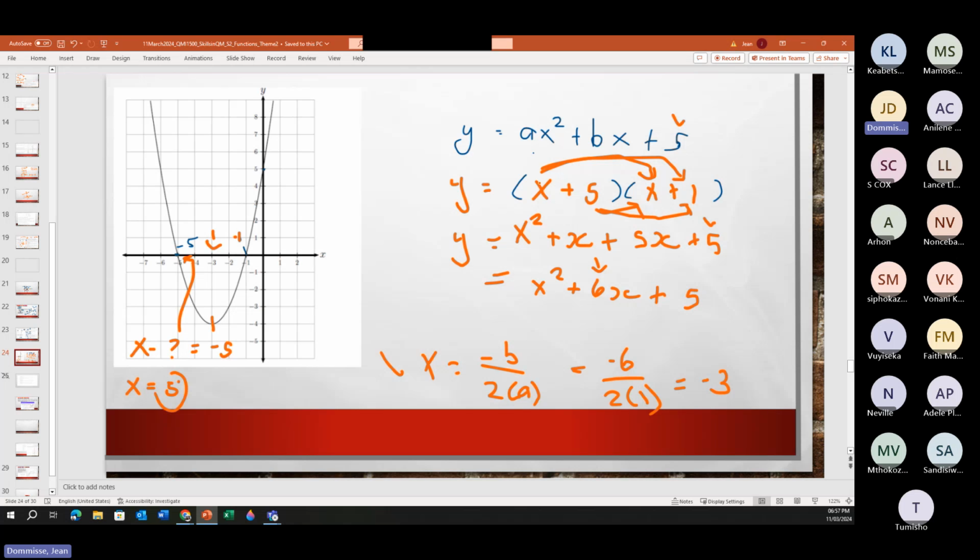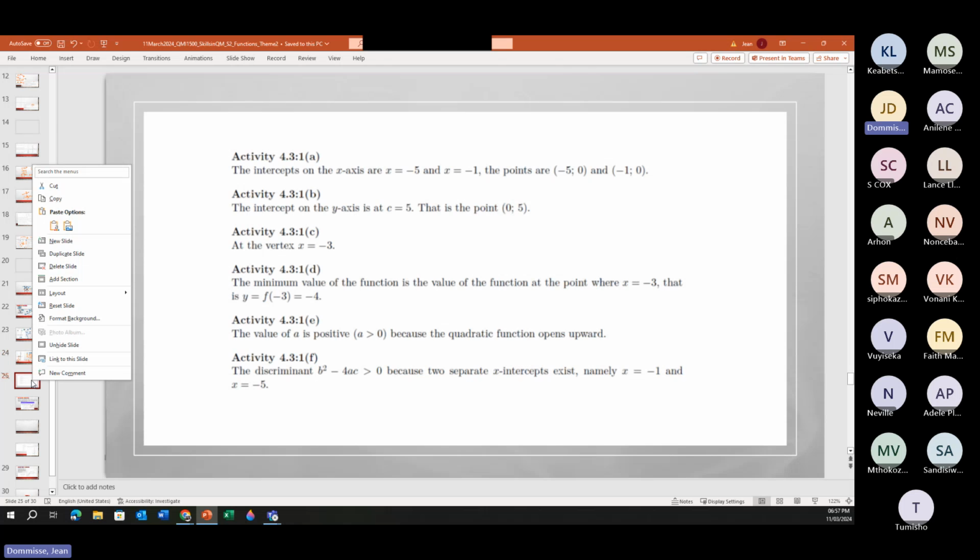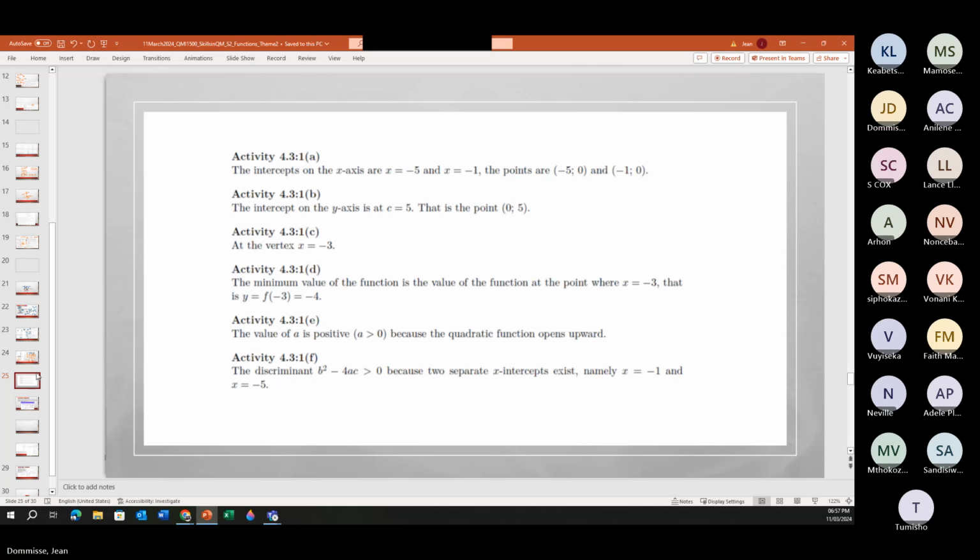Okay, so that is one of the ways to get to the formula with this information. Okay, again, I will share the video so that you guys can go through that process again, and I can show it next time as well.